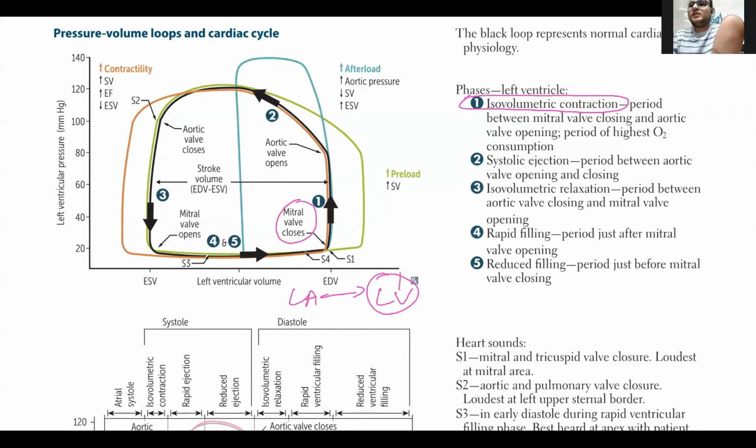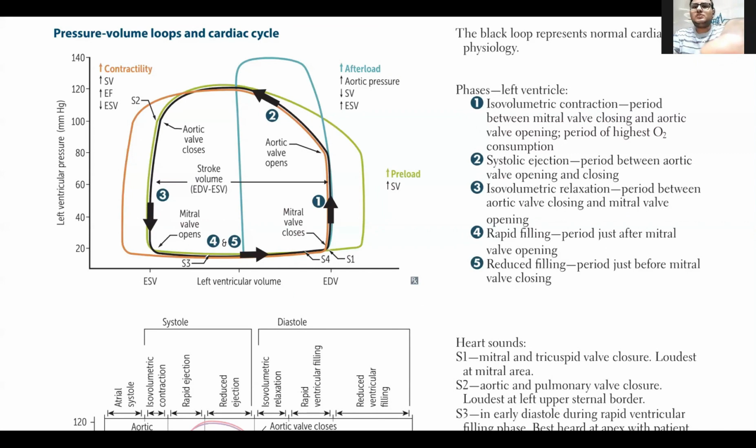Now the left ventricle has been filled with blood. So the phase between the mitral valve closing and the aortic valve opening is called isovolumetric contraction. The word iso means the same. Volumetric means volume, same volume, and contraction. The left ventricle tries to contract its muscles, but the volume is the same.